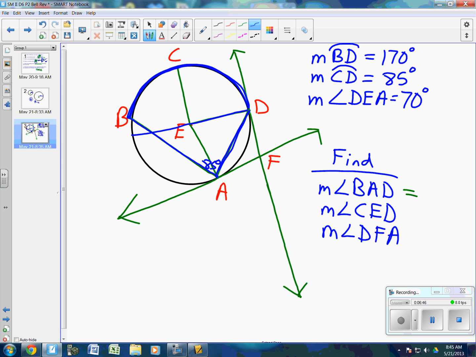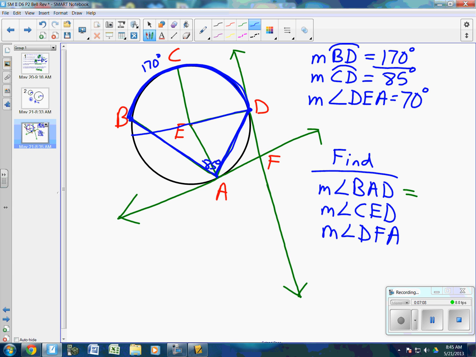Okay? One more time, you guys, because I can see some of you don't get this. Arc BD is this arc right here. Its measure, I gave you, is 170 degrees, right? And this inscribed angle hits at B and at D. Do you see that?